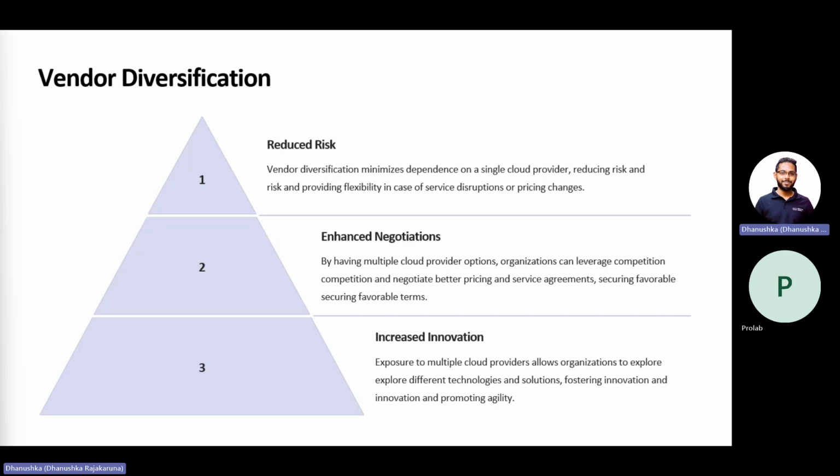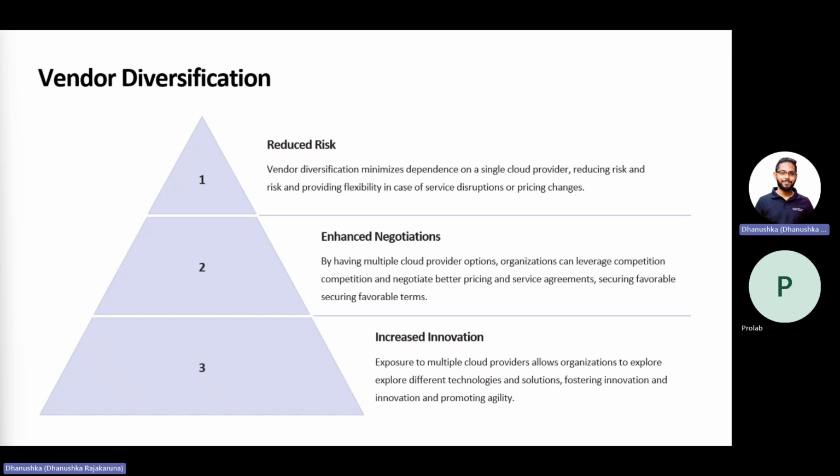Core benefits of vendor diversification will be reduced risk, enhanced negotiations, and increased innovation, like access to diverse solutions and emerging technologies.